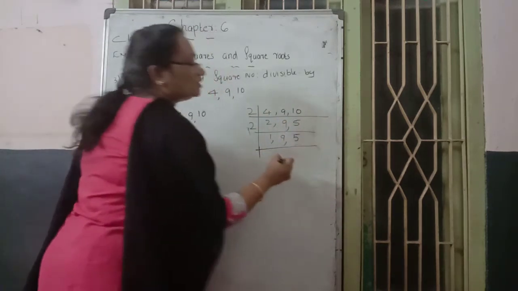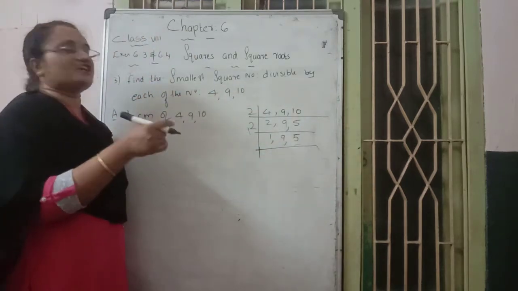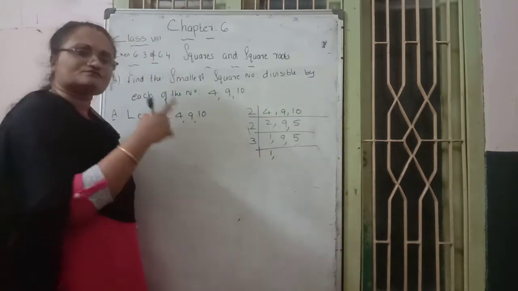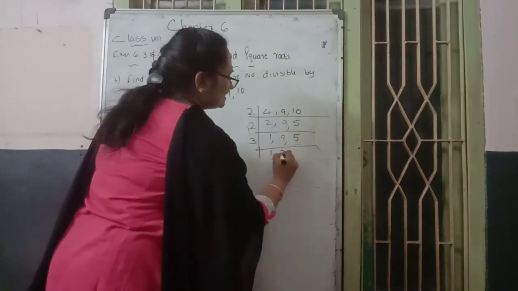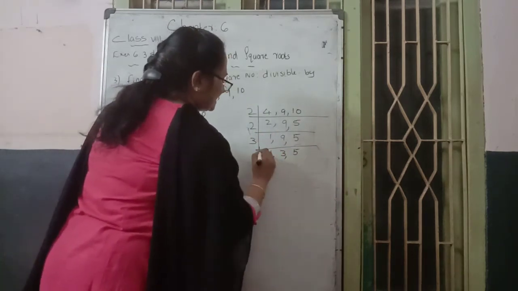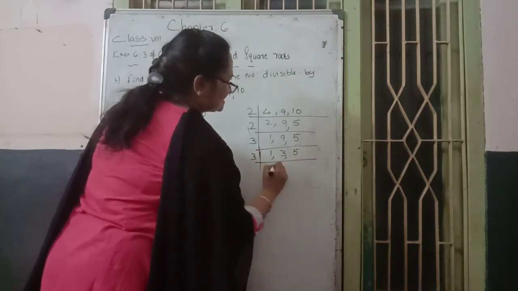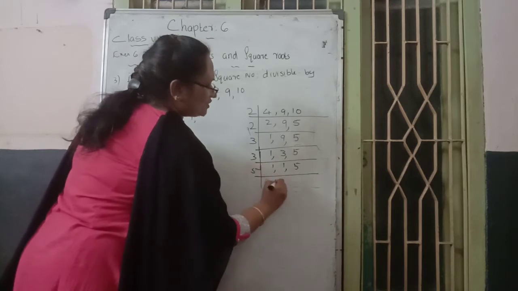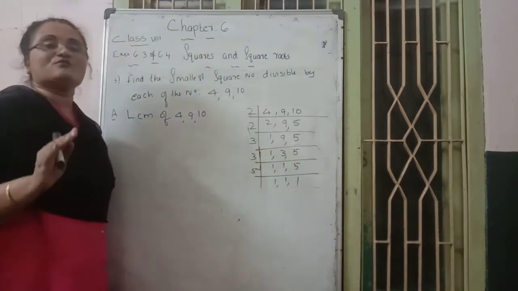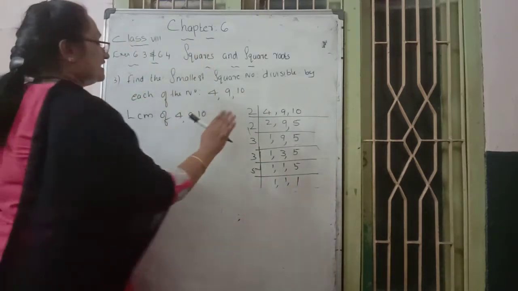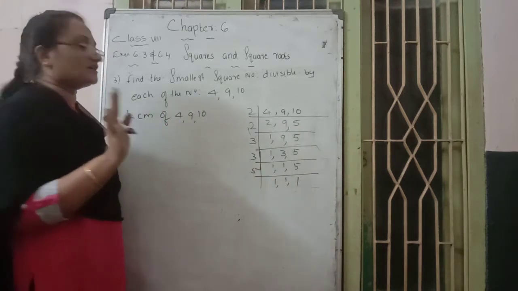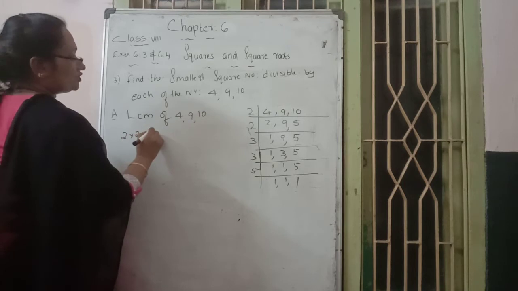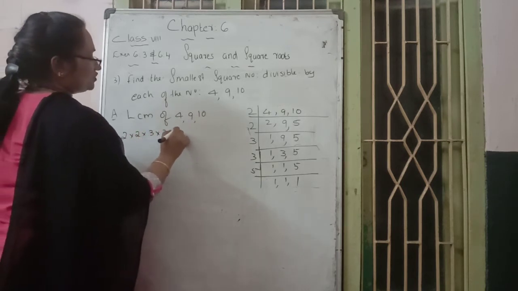Next we go to the next prime, 3. Any number? Yes, 9 is there, so we continue with 3. 3 threes are 9, dividing 3 times. Here 5 remains. Then the next prime number 5. Finally all three numbers become 1, and we reach the answer 1. So what are the factors? 2 into 2 into 3 into 3 into 5.